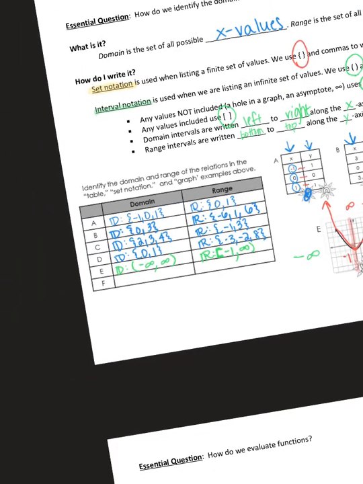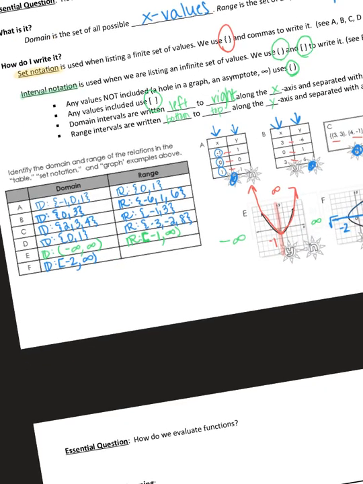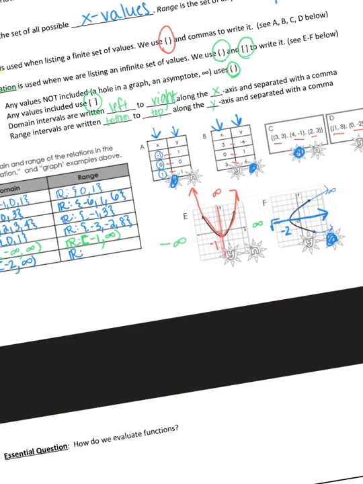So our domain goes as low as -2, and it's included, and it goes as high as infinity, and we can't quite get there. For the range values, we were looking for how low can it possibly go. So this continues to go on and on and on and get lower and lower and lower. So it's going to head towards negative infinity.